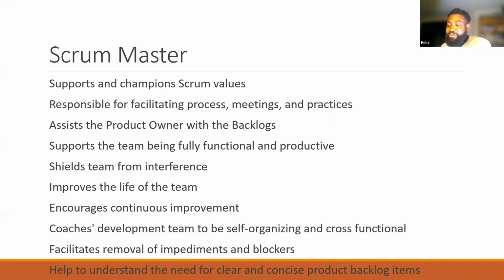So that is one reason why we still need a Scrum Master. Even if you have a high performing team, you still need a Scrum Master who will be there to guide them once in a while as they're going through the journey. So I could also add that to your explanations when you're talking about the roles and responsibilities of a Scrum Master. Felix, go ahead.